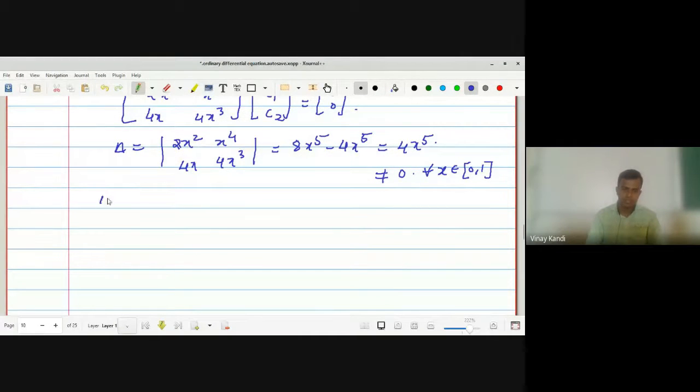Hence phi1 and phi2 are linearly independent.